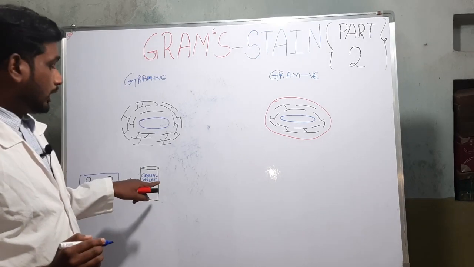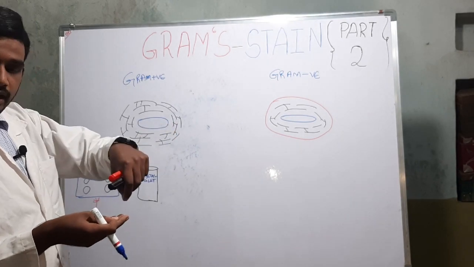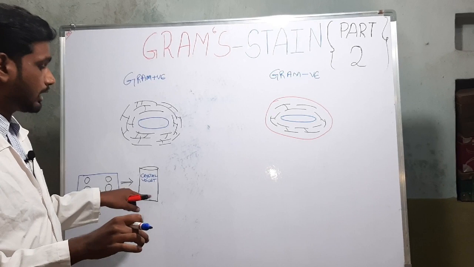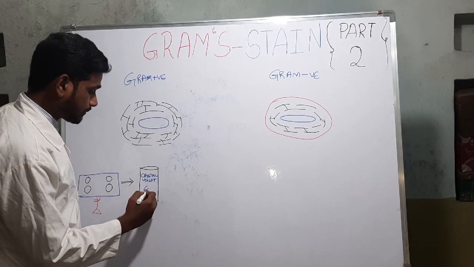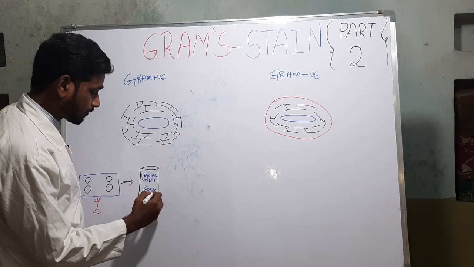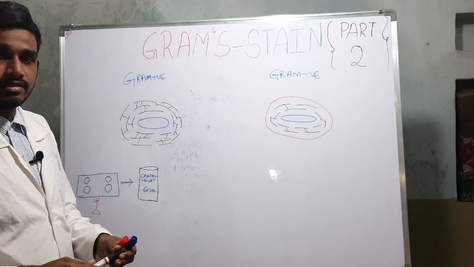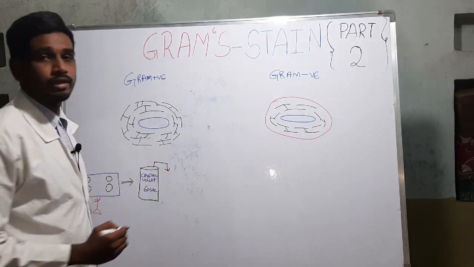In the crystal violet, you are either pouring the stain on the slide or dipping the slide into the container. It doesn't matter, but you have to wait for 60 seconds. After completing the 60 seconds, you have to rinse the slide with running tap water.